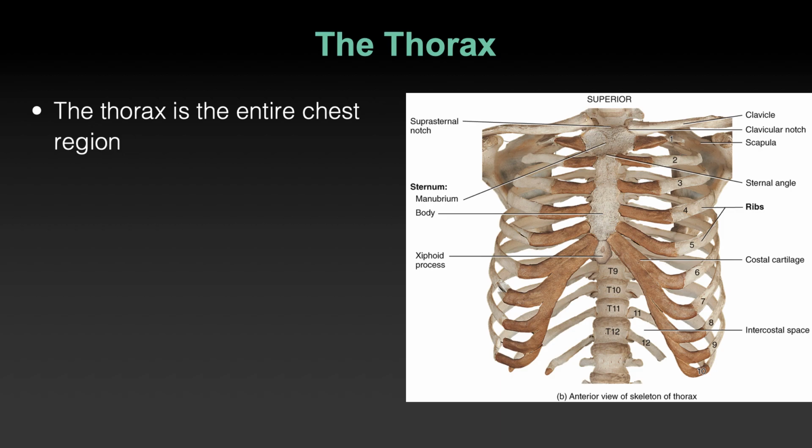The thorax is made up of the vertebral column posteriorly, the ribs laterally and anteriorly, and the sternum most anteriorly along the midline.